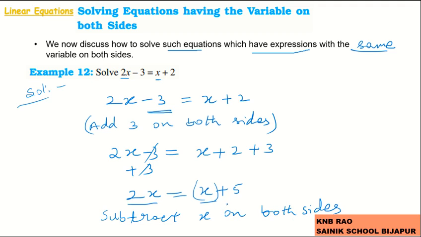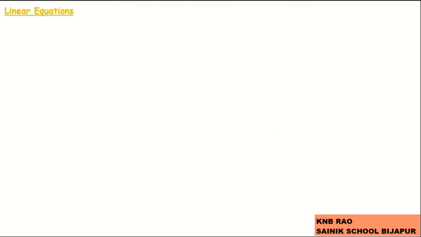Next, why should I subtract only x? Because I have to have only numbers on one side and only variables on the other side. So, coming to the next step, we will solve this.